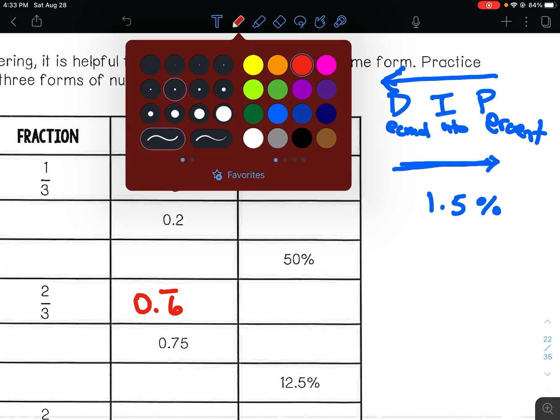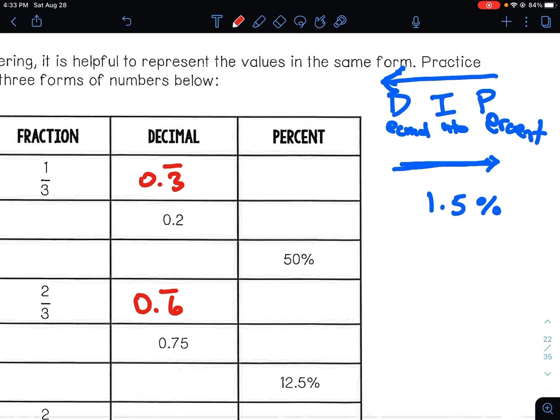That means I'm going backwards. Percent into decimal means I'm reading it backwards. I'm going left. So I'm going to move this 2 spaces to the left. Put it right there, which means my new decimal without the percentage sign is 0.015.